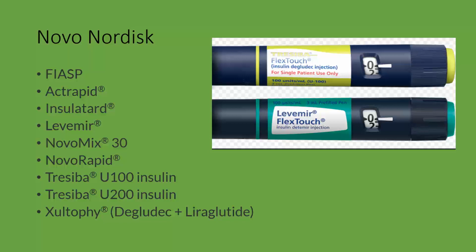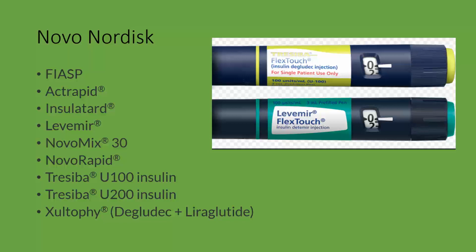And then from Novo Nordisk, Fiasp is a really fast-acting, ultra-short-acting one. Actrapid is short-acting. Insulatard is intermediate-acting. Levemir is the long-acting one. Novomix 30 is a 70-30 combination of intermediate and ultra-short-acting. And then Novorapid is the ultra-short-acting or rapid-acting.